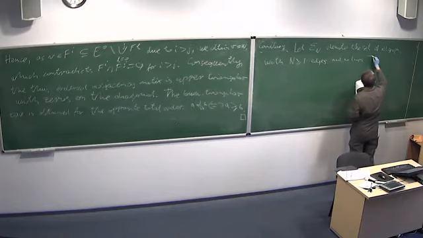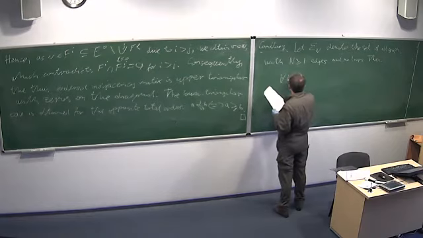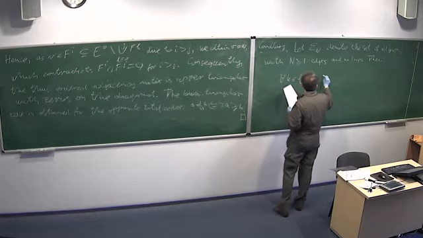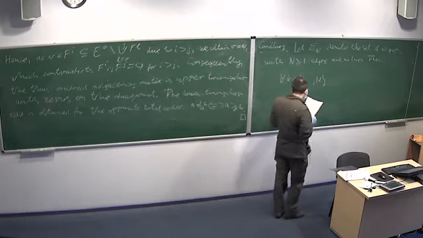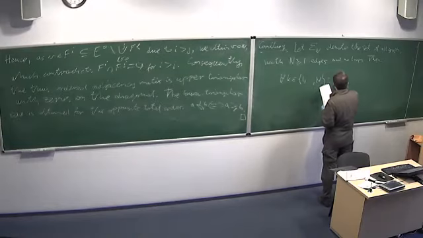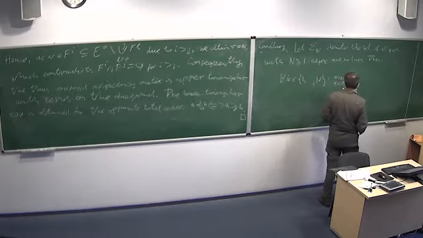Then for any k ranging from 1 to n, it makes sense because n is at least 1, the maximum over all graphs in the set script En of the following number.